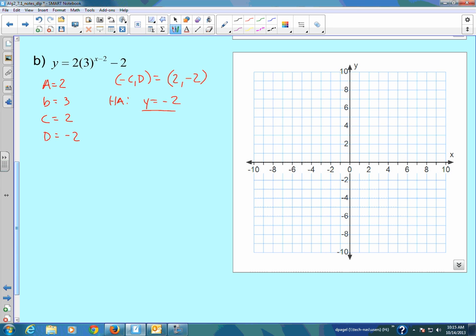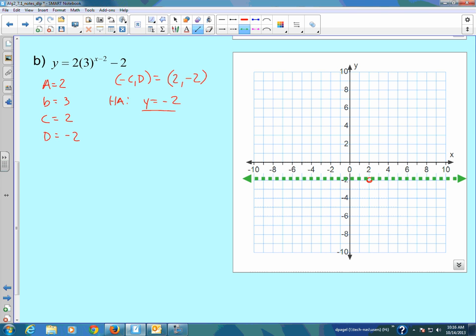So in this case, y equals -2. I would just suggest identifying those parts because they help you quickly come up with where you are going to begin your movements from. And that hopefully will help you determine what your graph's going to look like. So there's where our movements are going to come from. Immediately, I know the starting point is also the location of my horizontal asymptote, so I'm going to go ahead and put that in there.